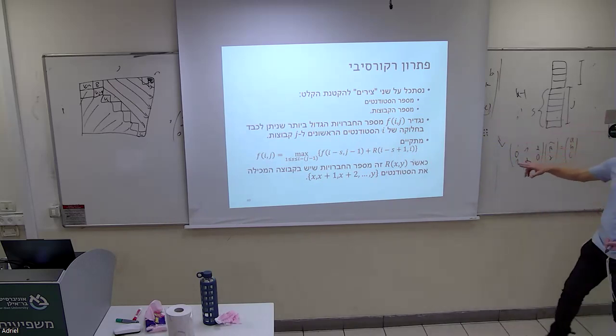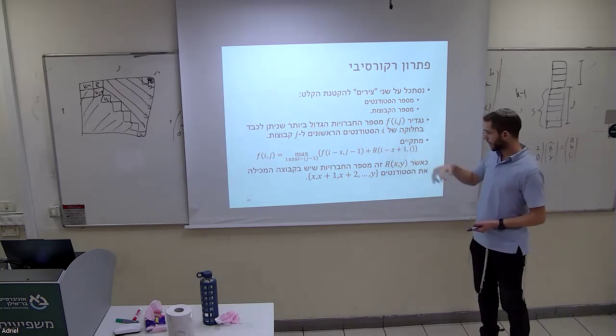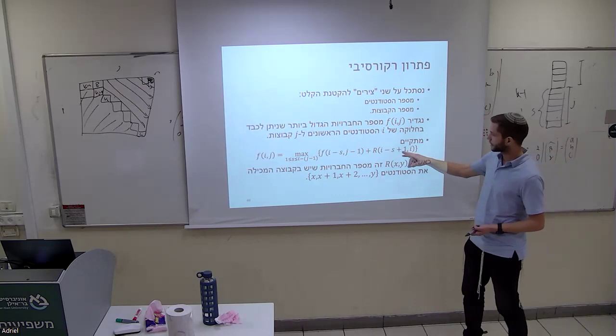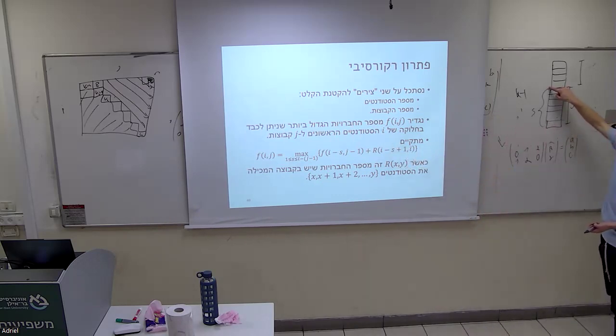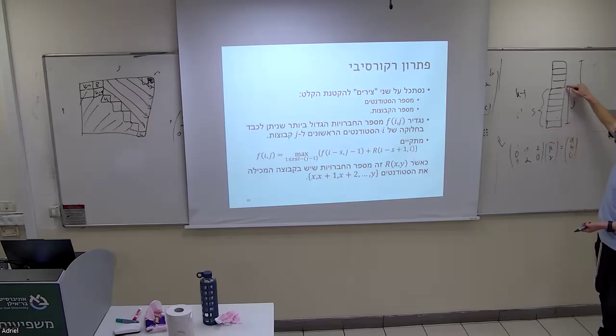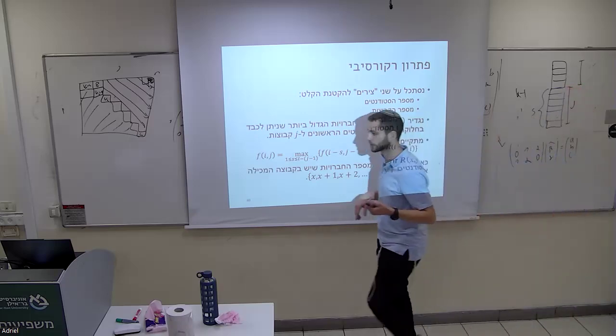Why is it R of I minus S plus 1? Because I minus S plus 1 is the first person of the last group, and then until I. So it's basically saying, how many friendships do we have in that last group?